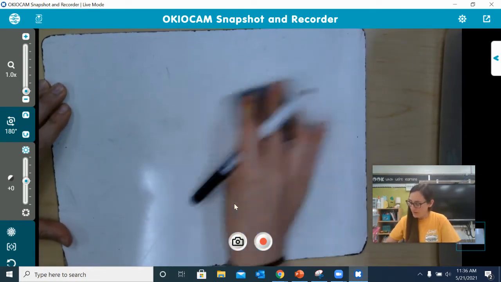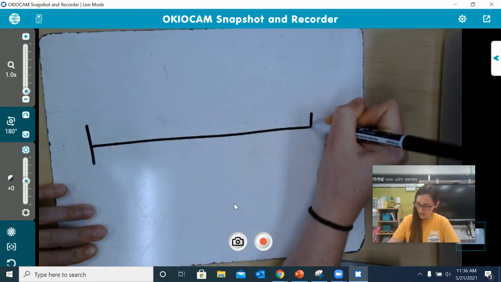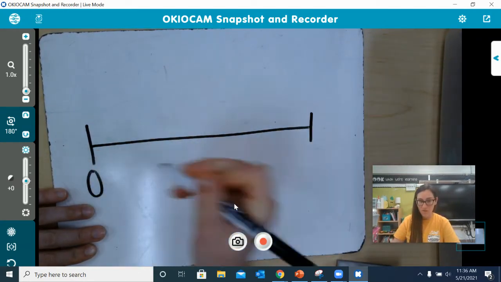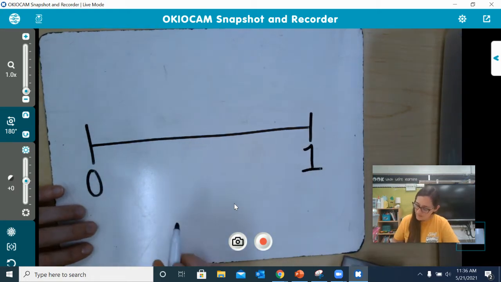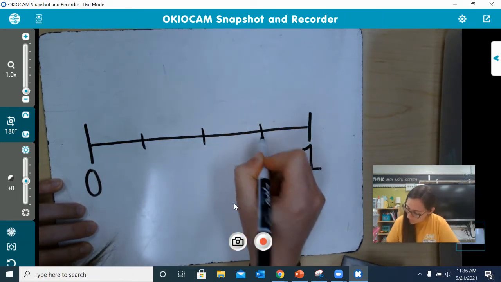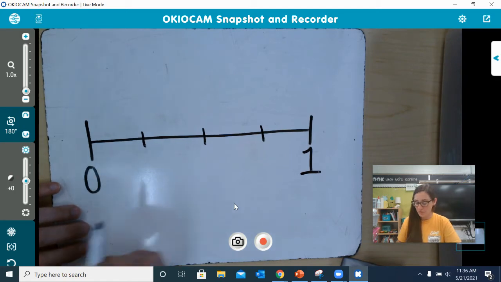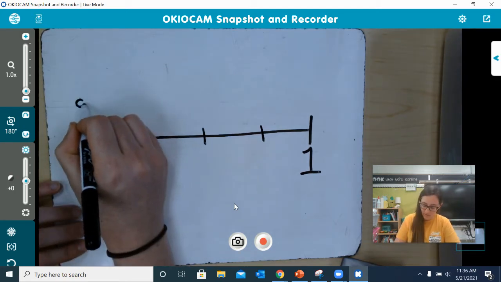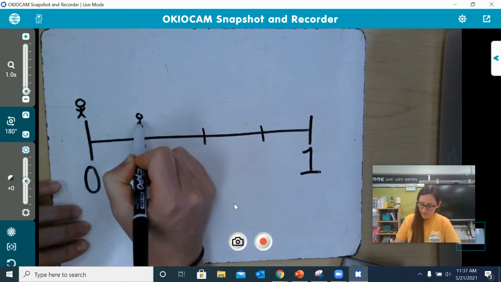Let me redraw my number line. Again, this is going to be 0. This is going to be 1. All right, I split it up into parts. If you think about running a race, you start here. Here's one part you ran to this point.